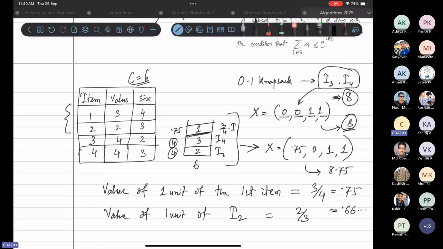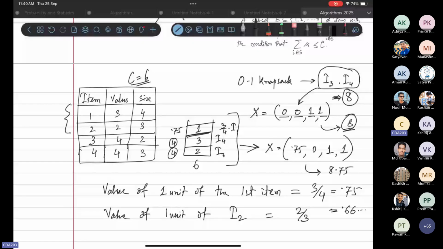See, the value of this is greater than the value of the 0, 1 x. So this actually tells you a strategy of choosing the items.